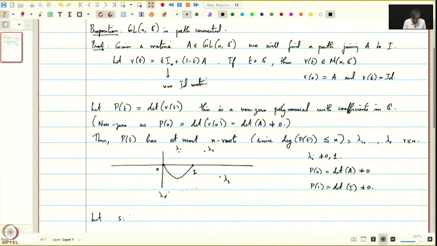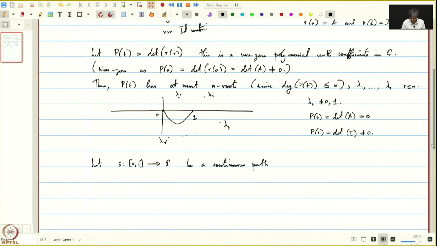So, let S from [0,1] to C be a continuous path such that S(0) is equal to 0, S(1) is equal to 1, and the lambda_i's do not belong to the image of S. Okay.